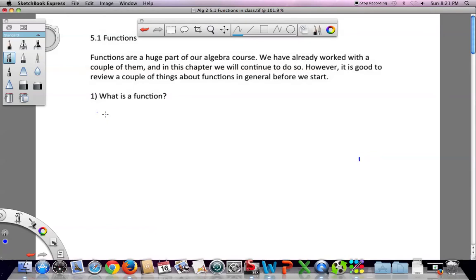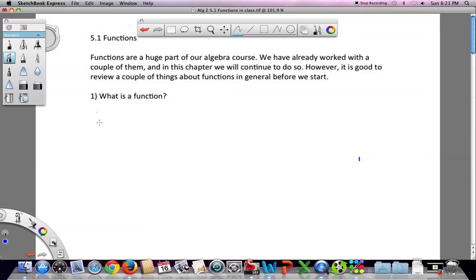So functions are, a function is a process in which one quantity is changed into another quantity. And that's more of a math definition than the real world. I understand that, but that's good enough for right now.